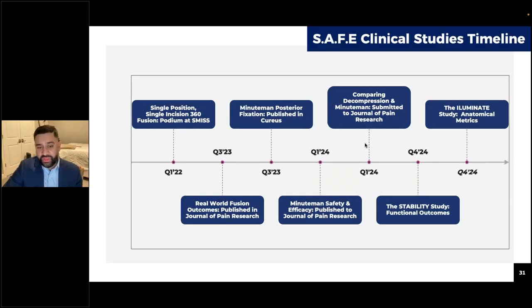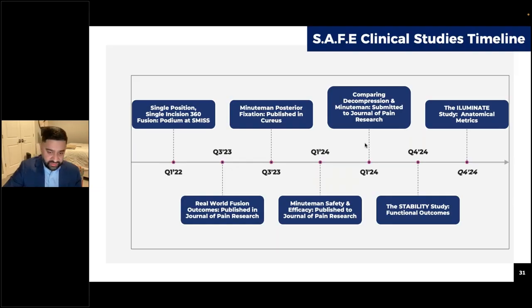In Q3 of 2023, a real-world fusion outcome study was published in the Journal of Pain Research, looking at the rates of actual fusion in patients who had this procedure done. There was also a posterior fixation study published in Cureus in Q3 of 2023.